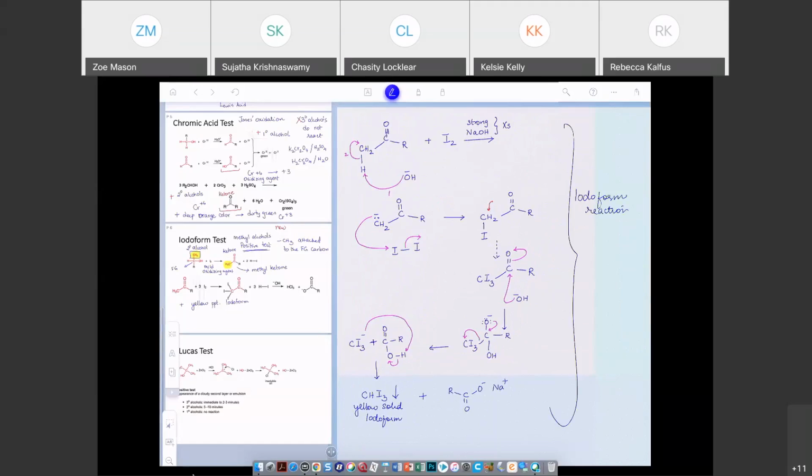You know you have a methyl group right next to the alcohol. So let me know if you have any questions with any of these arrows. I numbered them in sequence, so hopefully that helps out.